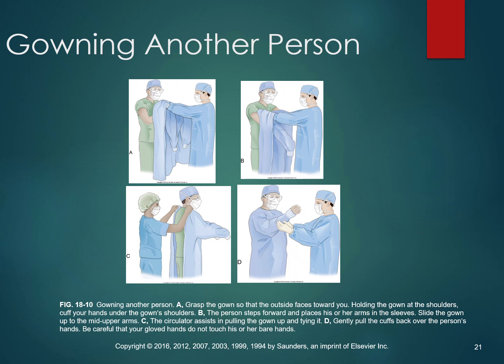There's a little piece of paper attached to it, and then the doctor would turn around, the circulator would pull off the paper, and then the doctor could tie the gown, because then the ties would still remain sterile. Okay, and then you see in D, once again, the sterile individual is just helping the doctor.